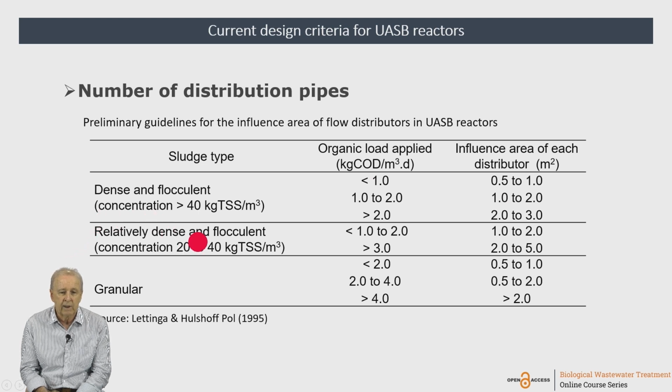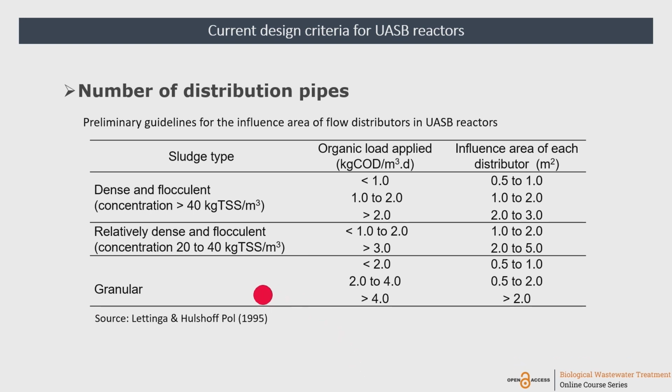Because the lower the concentration is, the easier it is to mix this sludge because it's not very concentrated. So in summary, the granular sludge is more difficult to mix, to move, and because of that, most of the times we need more distribution pipes that cover a smaller influence area.